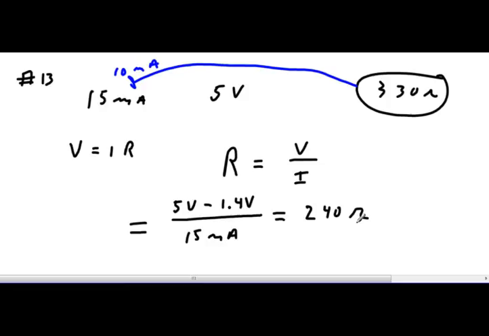Actually, it's 360. So 360 is the answer with 10 milliamps. But they want us to give an answer with 15 milliamps. All right. I'm sure the key will be right. Okay.